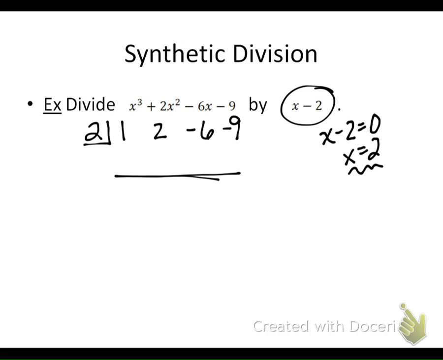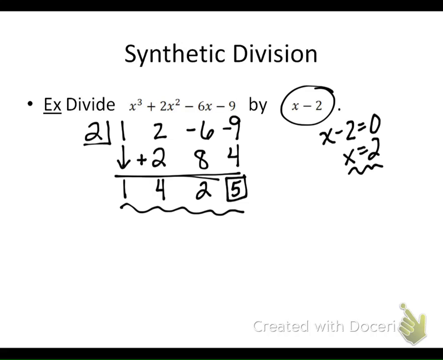Now we're going to do this like synthetic substitution. Drop down the first coefficient, multiply 1 times the boxed number, and then add. Multiply, add. Multiply, add. Typically, if I were to plug 2 into that polynomial, we would say 5 is our answer. But with synthetic division, I now need to realize that this is actually some kind of polynomial. I started with an x cubed term.